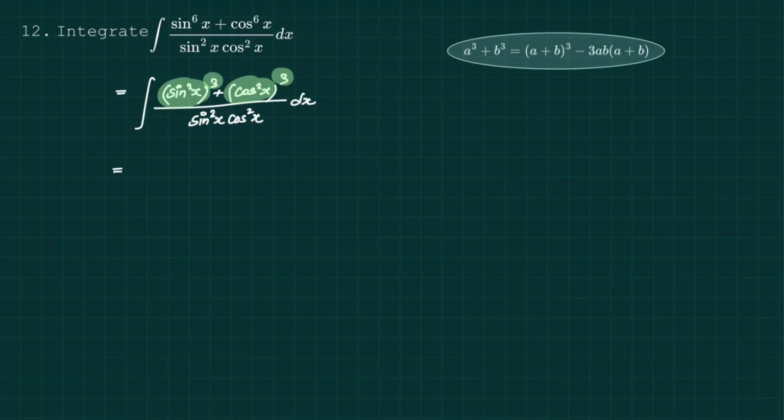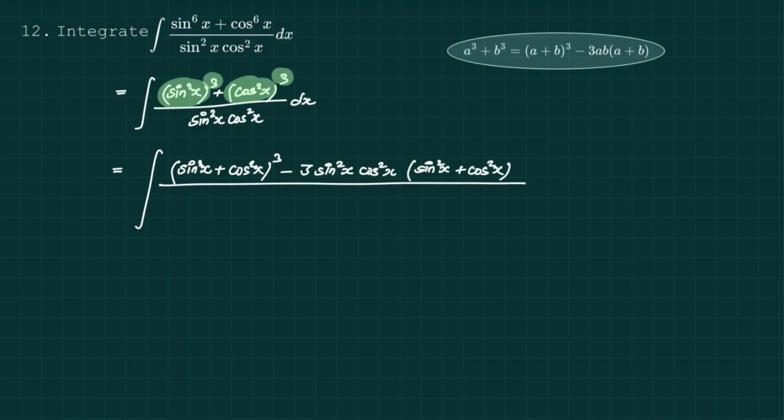So from the formula we can write this a cube plus b cube as a plus b whole cube minus 3 into a b times a plus b, whole divided by sine square x cos square x.